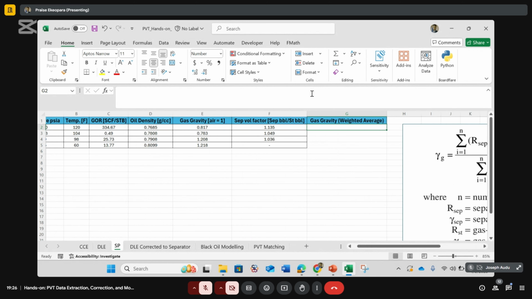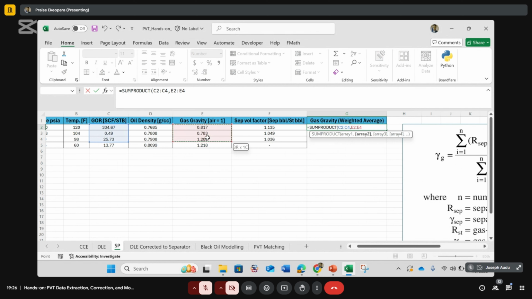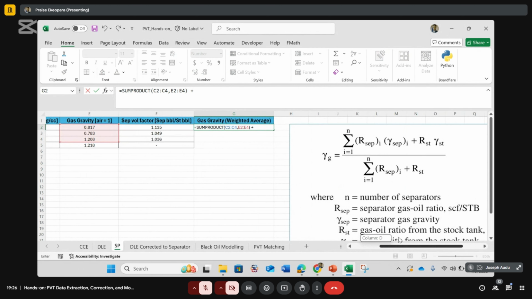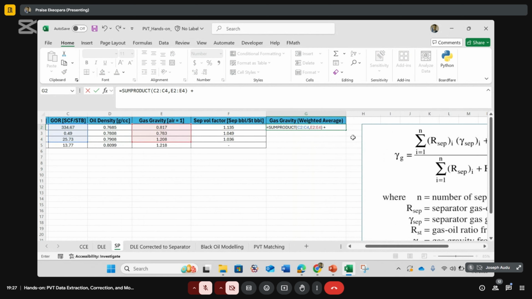To do that, we go ahead and use SUMPRODUCT, where we want to add the product, right? So we come here down to this, I'm not reaching the end, then comma down to this. Then do plus. This plus will be my RST and YST, which is the product.